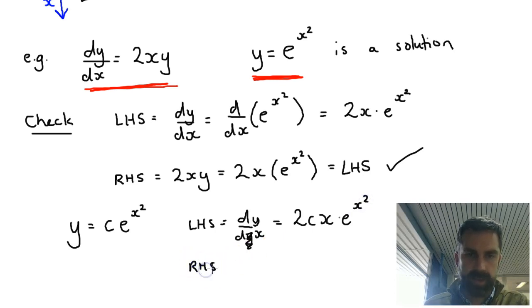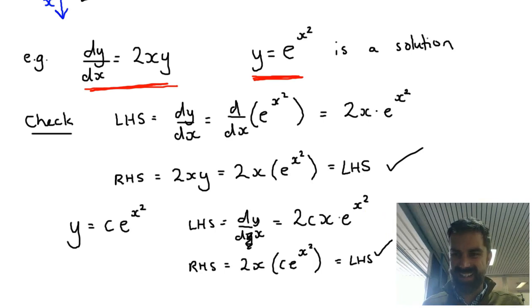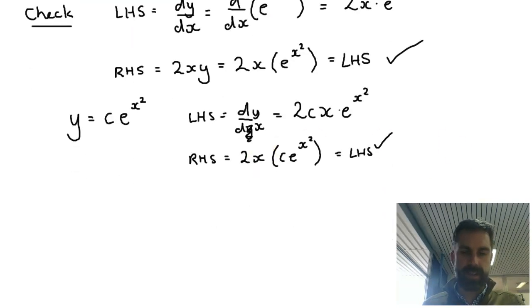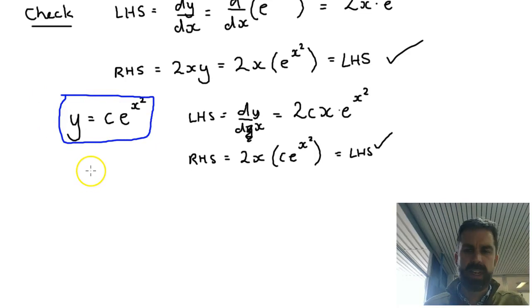And the right-hand side will be 2x multiplied by c e to the x squared, which is the same thing as the left-hand side. So, in fact, we have a whole family of solutions here that actually satisfy that differential equation. So, how do we know what the value of c is?